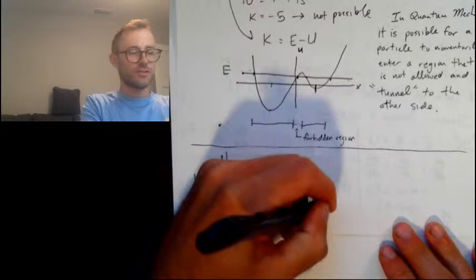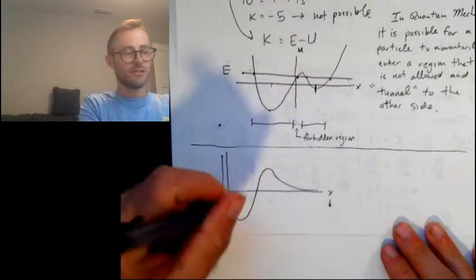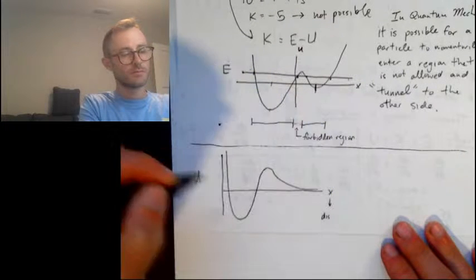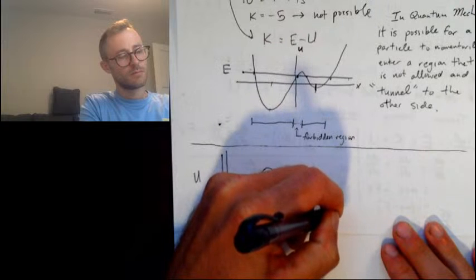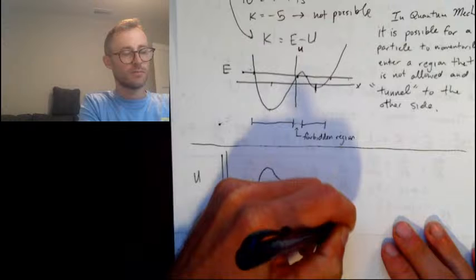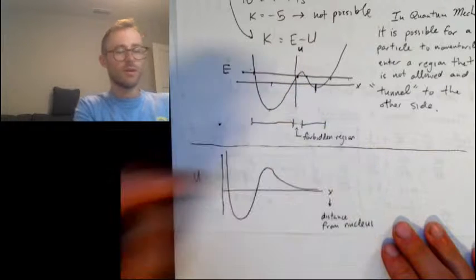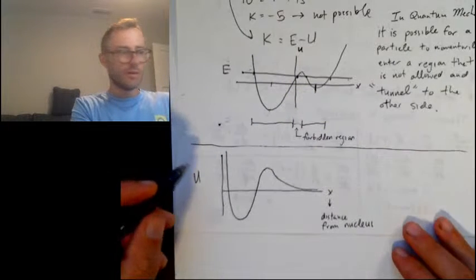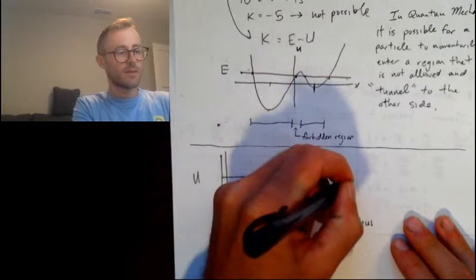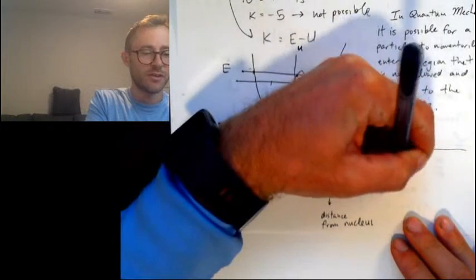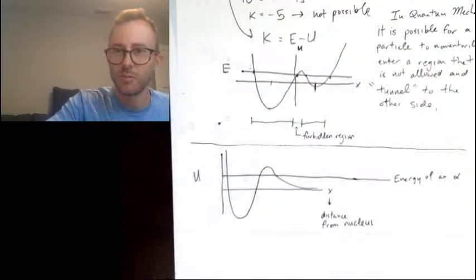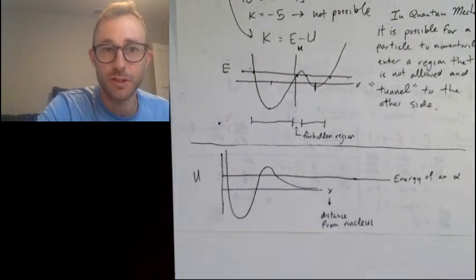So x in this case is distance from the nucleus. And then maybe this is the energy of an alpha particle. An alpha particle is a helium nucleus.